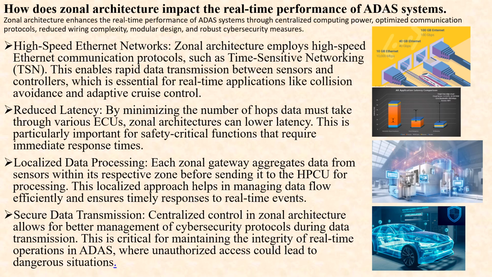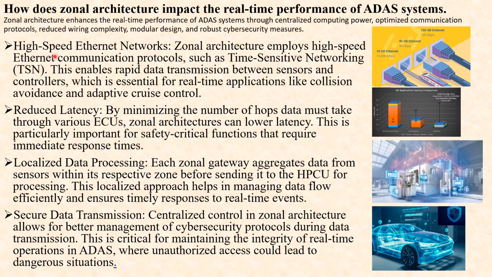Now we will see how this zonal architecture impacts the real-time performance of ADAS systems. Real-time performance means the lag between the actual external world scenario and the response of the ADAS should be as minimal as possible. We will see how this is achieved with the help of zonal architecture.